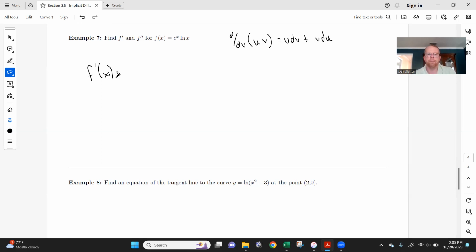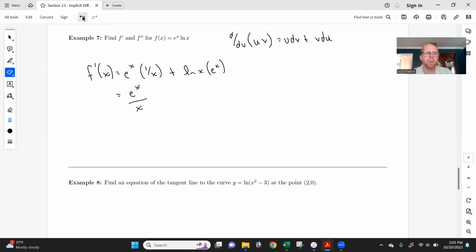All right, so f prime, we'll follow the formula there. Hold e to the x, take the derivative of ln of x, plus now hold ln of x and take the derivative of e to the x. And not too much to simplify here. We can just write that like that if we want.